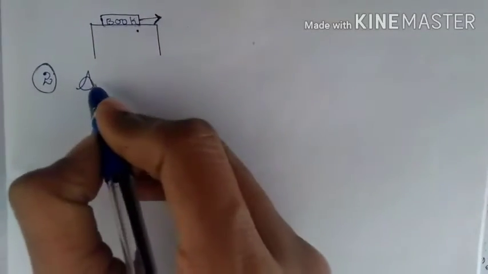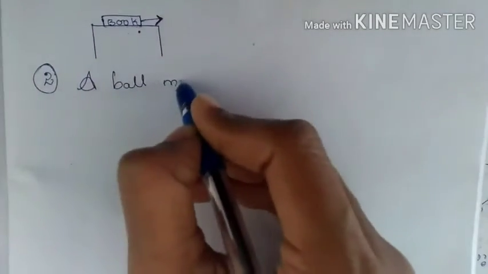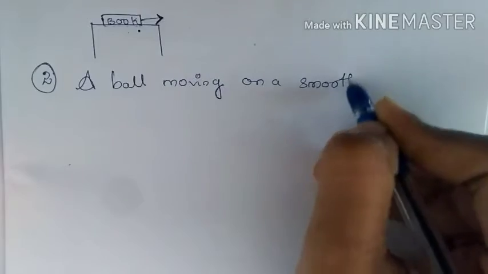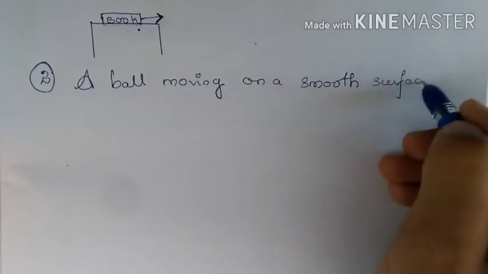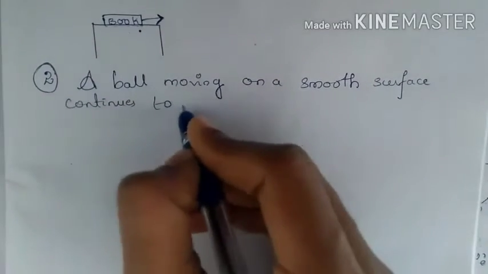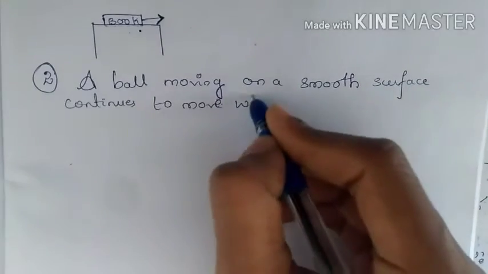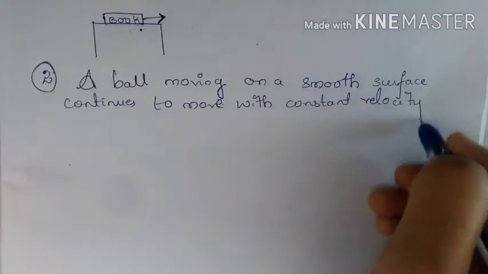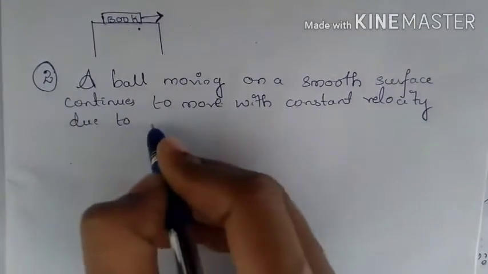A ball moving on a smooth surface continues to move with a constant velocity due to inertia.